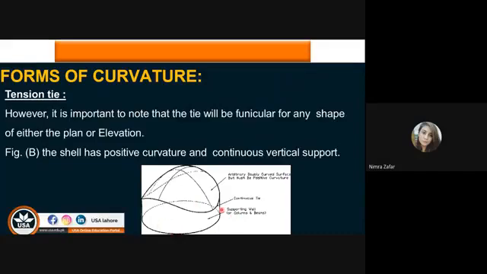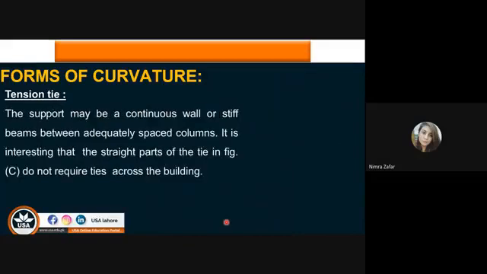Then there is the supporting wall, and we have a tie to support this curvature with this wall. The support may be a continuous wall or a stiff beam between adequately spaced columns. It is intersecting the straight parts of the tie in figure C and it does not require ties across the building.